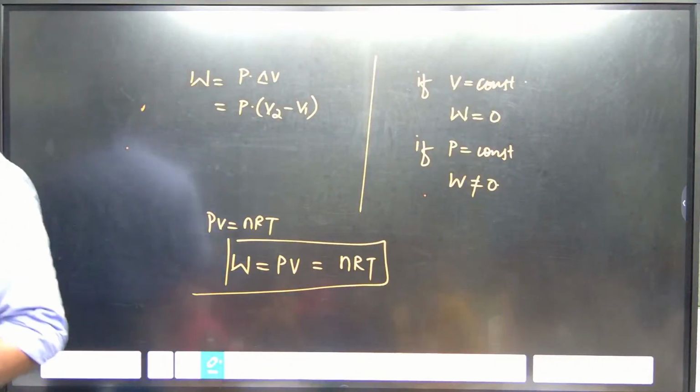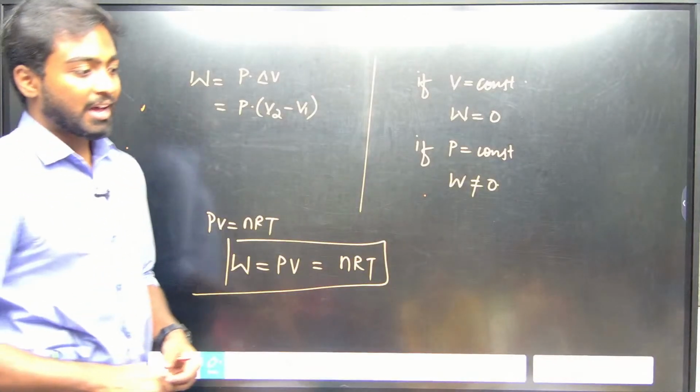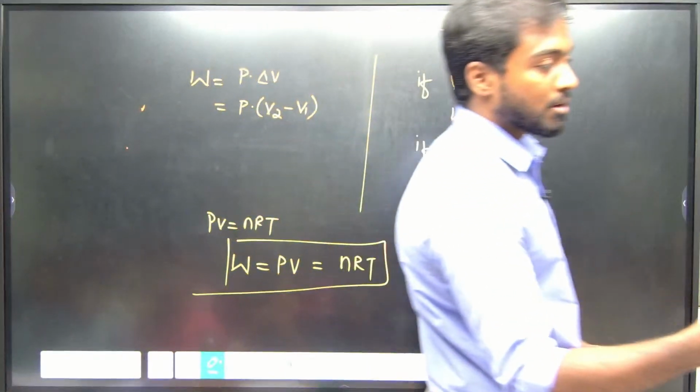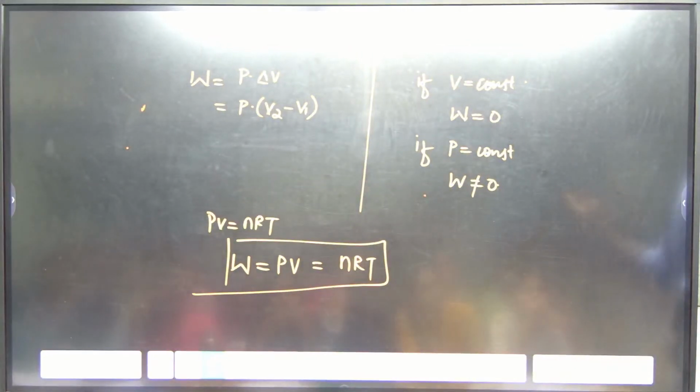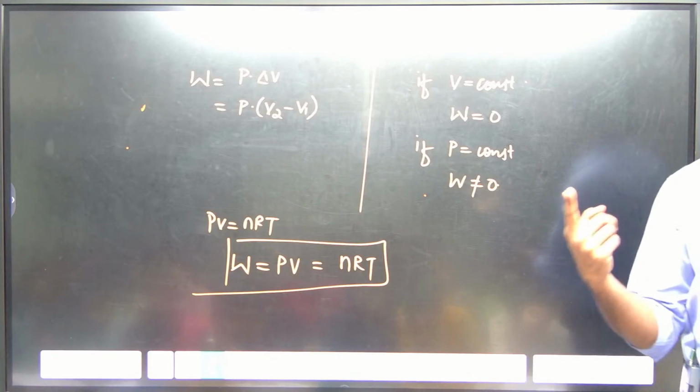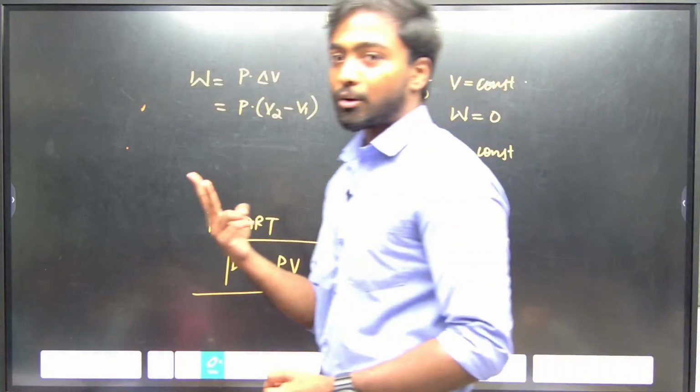In this graph, a cyclic process will be there, either clockwise or anti-clockwise. Take down: clockwise will be positive, anti-clockwise will be negative. Work done for clockwise will be positive, work done for anti-clockwise will be negative.